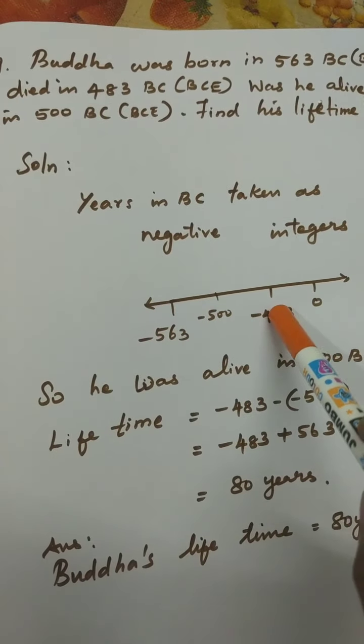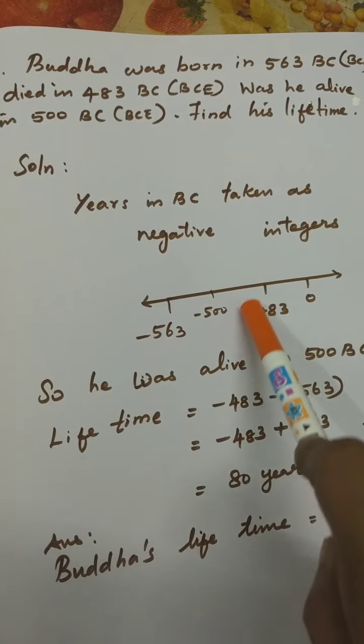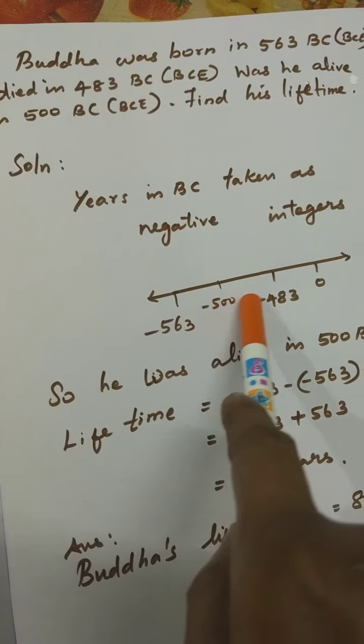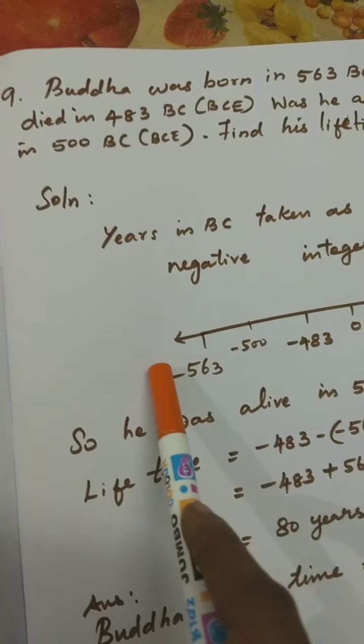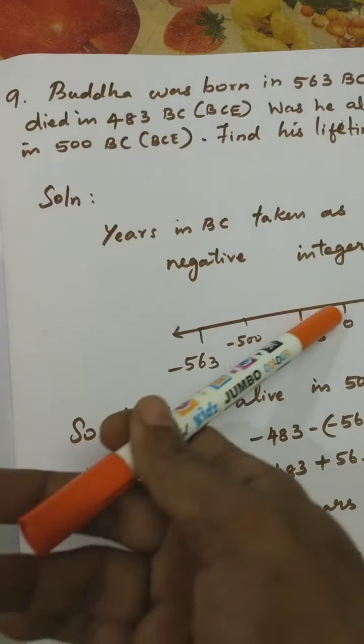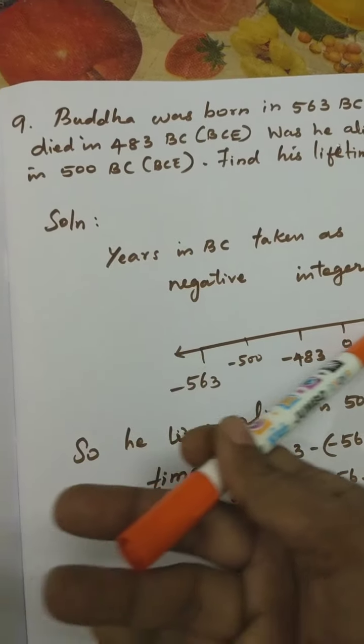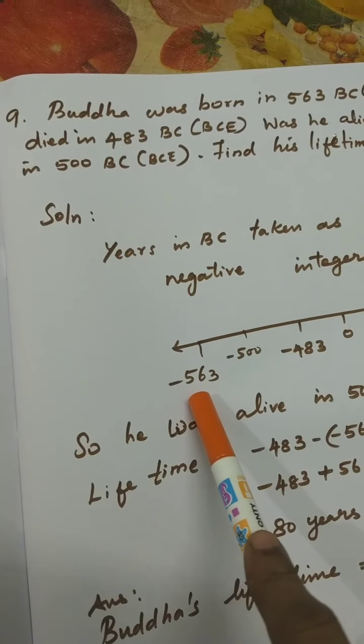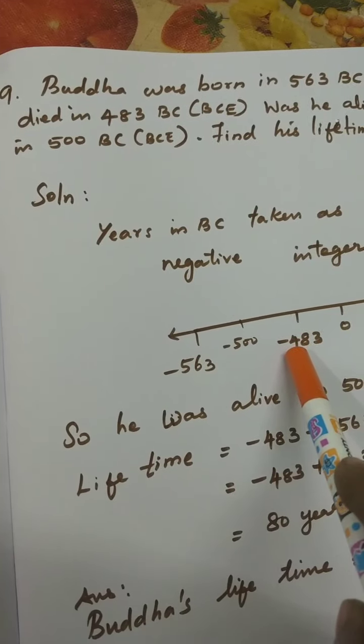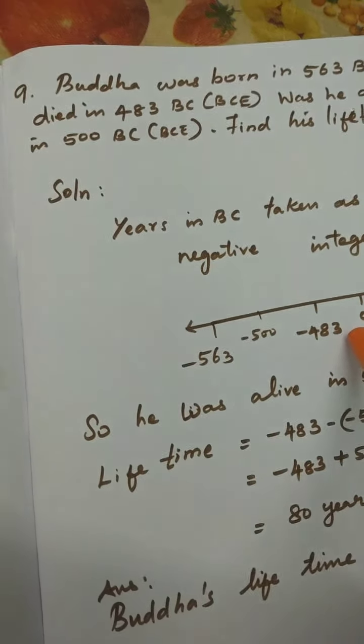Then he died in minus 483, because this side is increasing. The years are increasing. So minus 563 to minus 483 is his life.